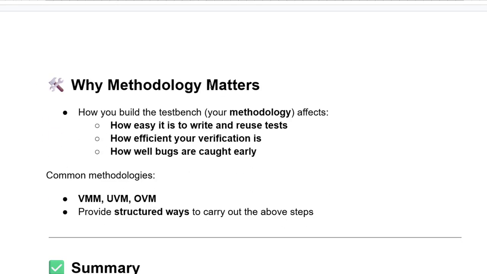Why the methodology matters: how you build the test bench.